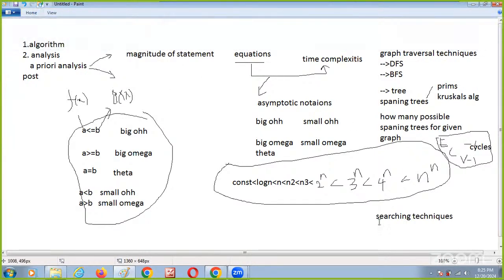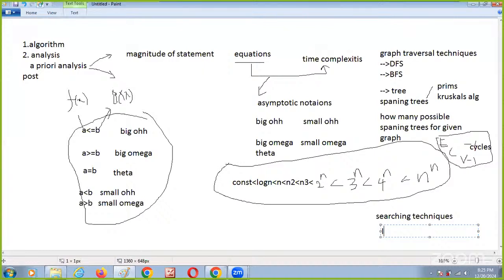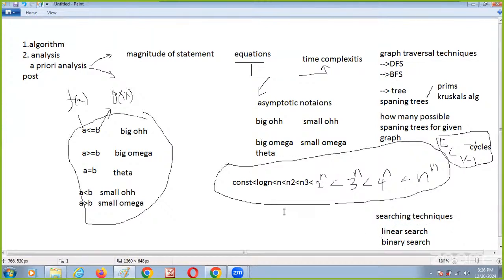We have seen linear search, and we have already seen the binary searching technique, and also what types of GATE problems they can ask in linear search and in binary search.